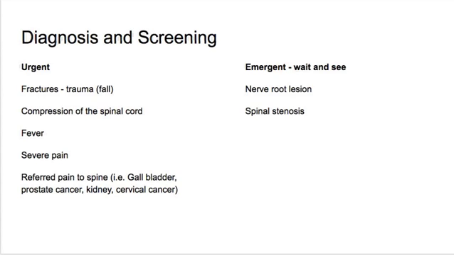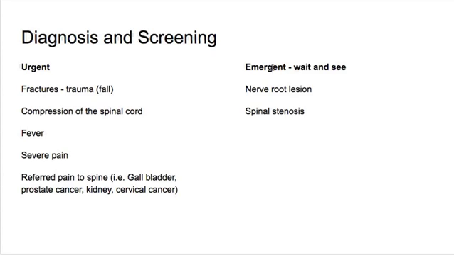There are some urgent conditions that include fracture, compression of the spinal cord that's leading to bilateral leg problems and reflex and sensory problems of the leg, a fever that indicates not just a low back pain problem but some kind of general medical issue, severe pain that doesn't fit with mechanical low back pain, and then pain referred to the back from either the gastrointestinal system or reproductive organs or cardiovascular system. Typically a key sign of this is that the pain is constant and not related to movement.